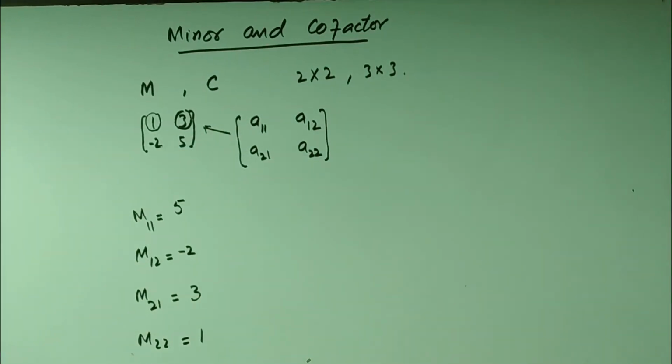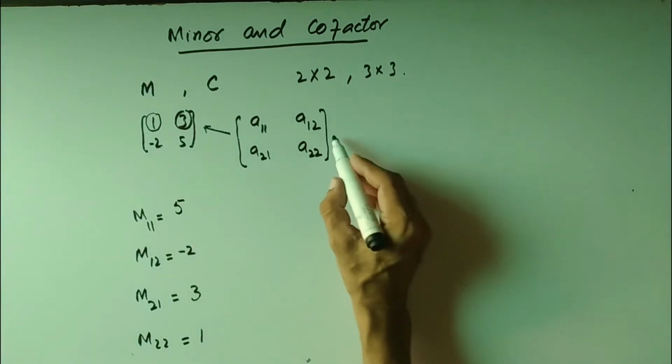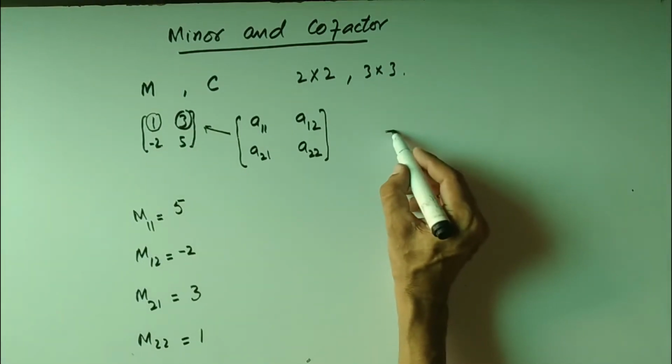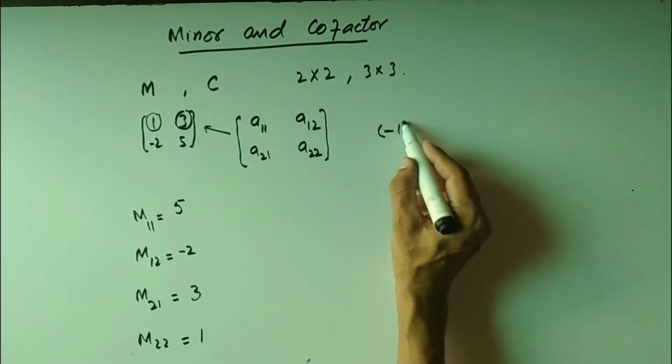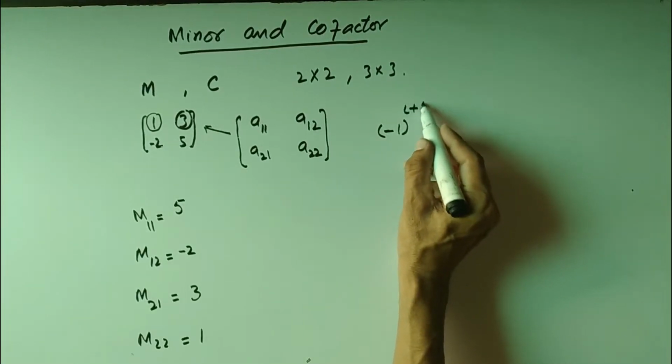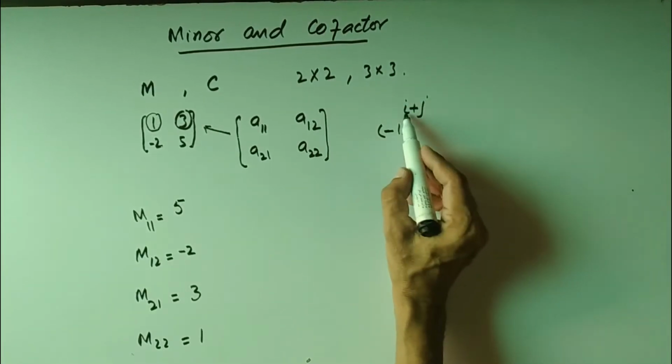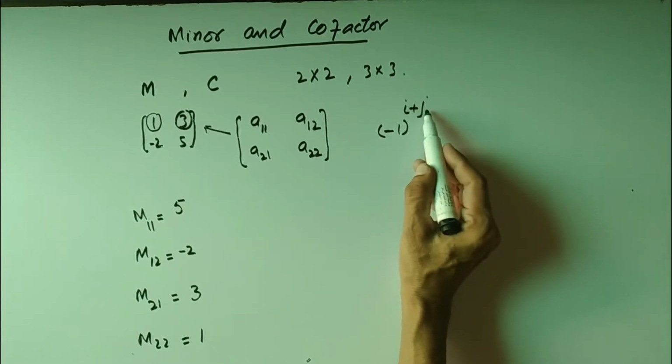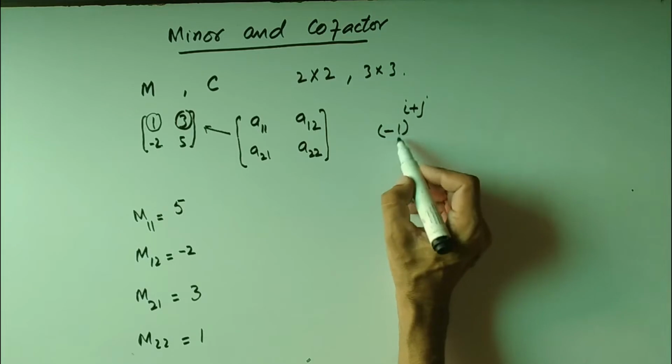So these are the minors for 2 cross 2. And for cofactor, the difference between minor and cofactor is minus 1 raised to the power i plus j. i plus j means row plus column, and minus 1 is a standard form.